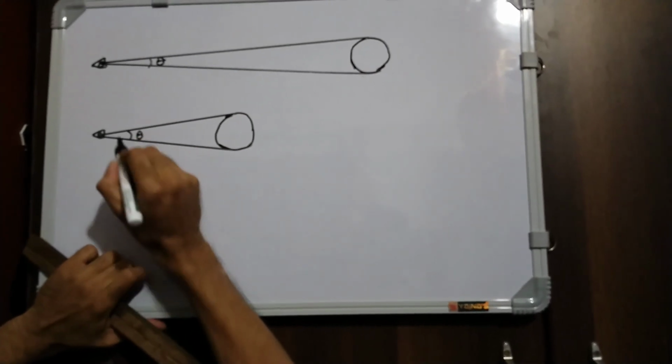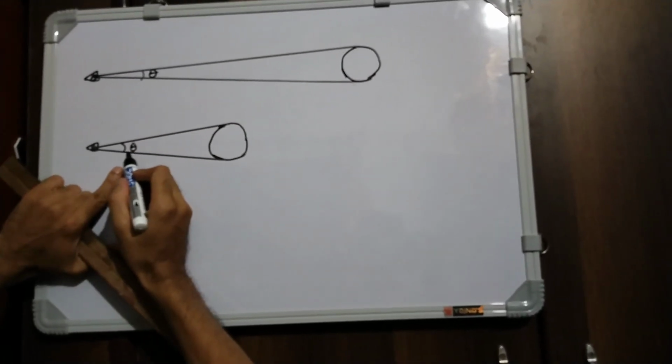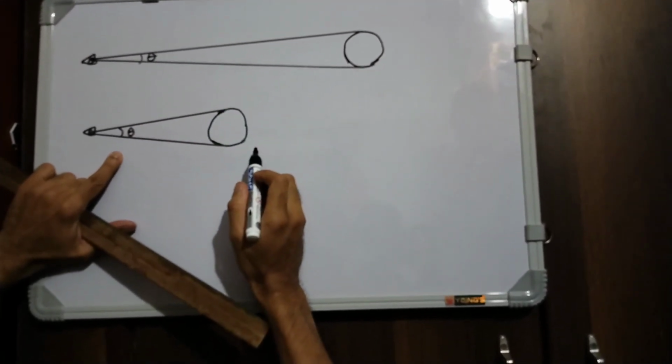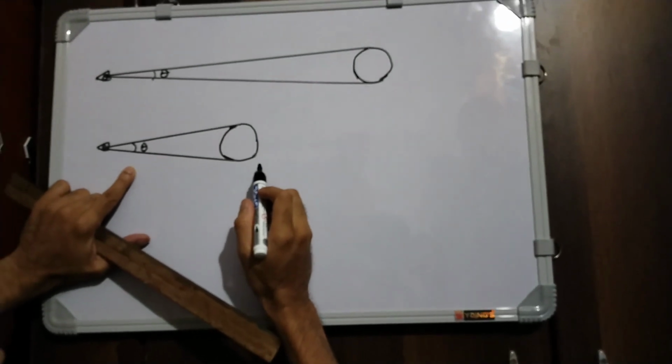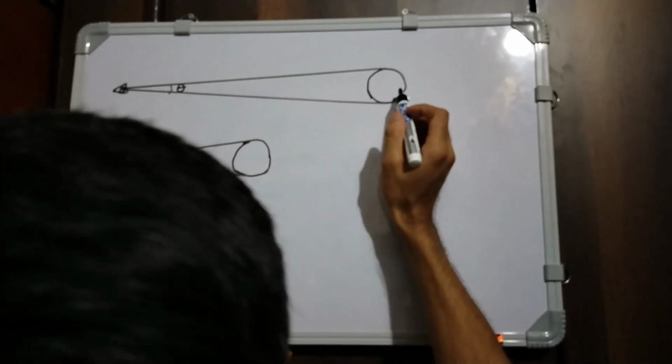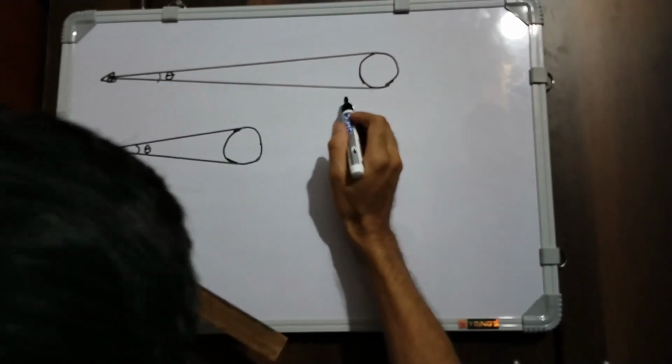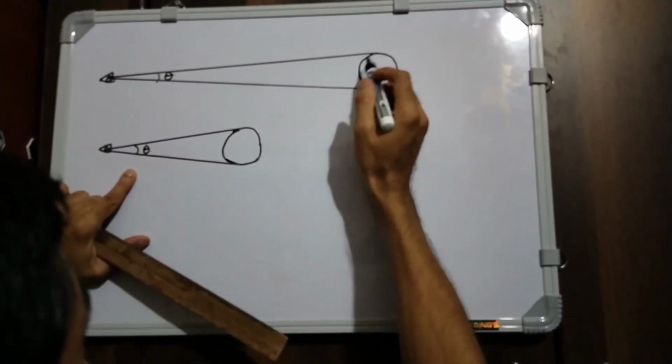This is the angle theta. Now obviously this angle is larger than this angle. That means the visual angle depends on two factors: the distance of the object from the observer, and the original size of the object.